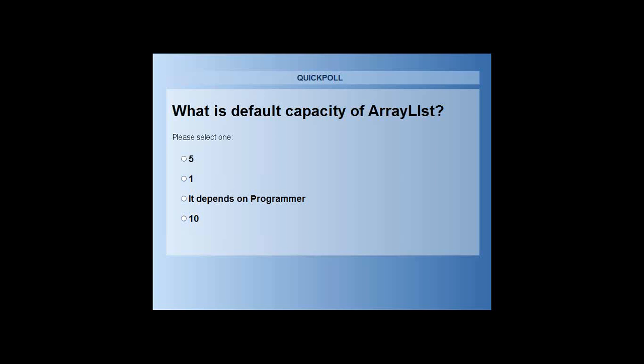What about Sarah and Vasil? Have you given your answers? Please write down on the chat window. Sai says option 3. What about the rest of you guys? Please answer this question. What is the default size of an array list?